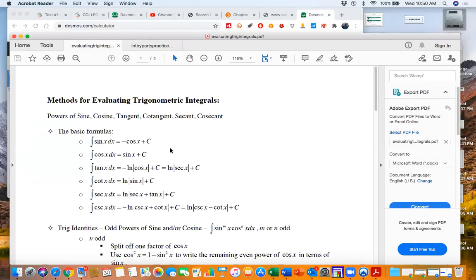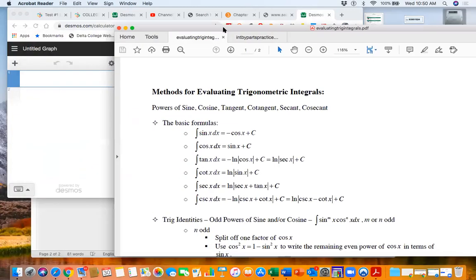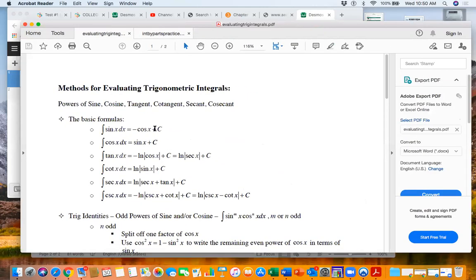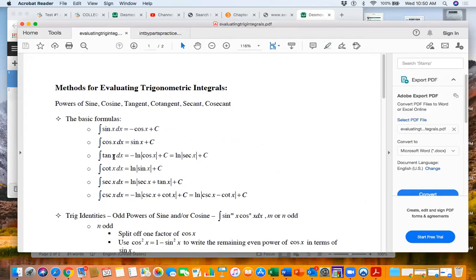Okay, so this section is about different ways to evaluate trig functions. So the first 6 formulas on this sheet are what I'm calling the basic formulas. The top 2, I know you know. Who has seen these formulas for tangent and cotangent before? Who remembers those?